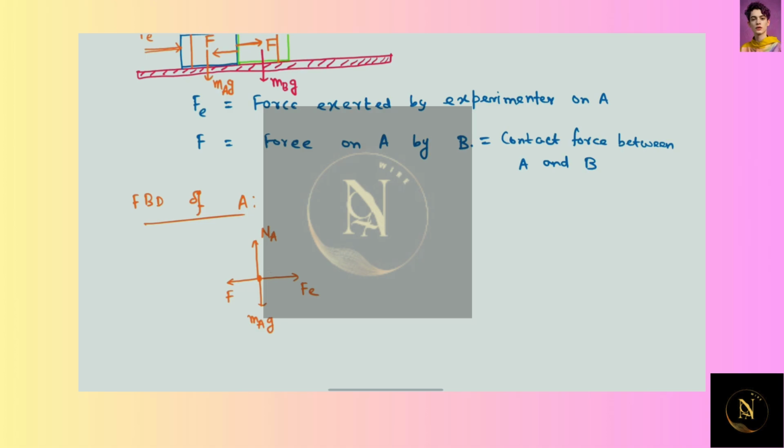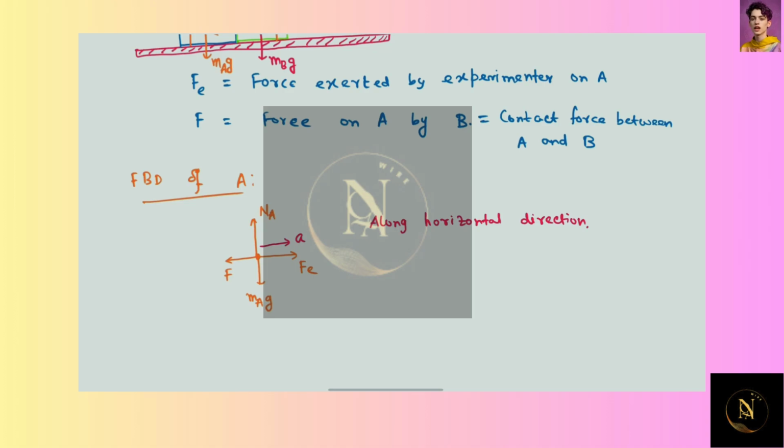And because of that, this Ma mass is moving forward with an acceleration of a. So I can write then, by applying Newton's second law along the horizontal direction, the net force, which is Fe minus F, is equal to Ma times a. This is, let's say, equation number 1.